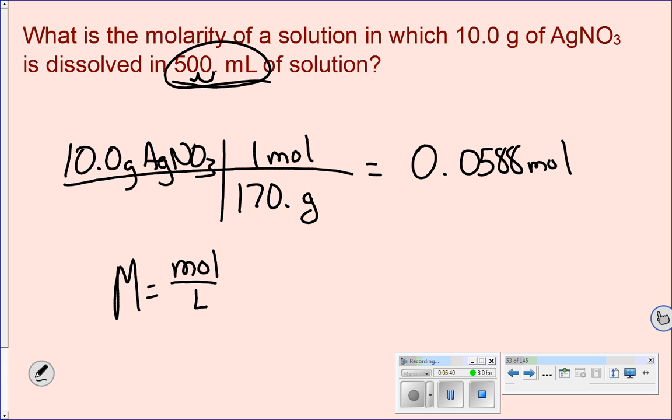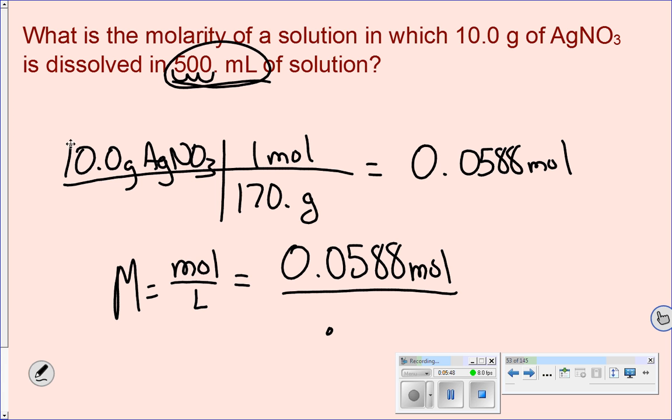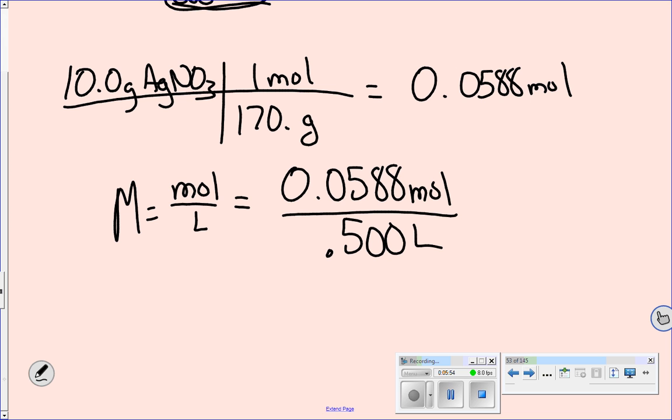So this will actually be 0.0588 moles over 0.5 liters, thus giving me a molarity of 0.188 molar.